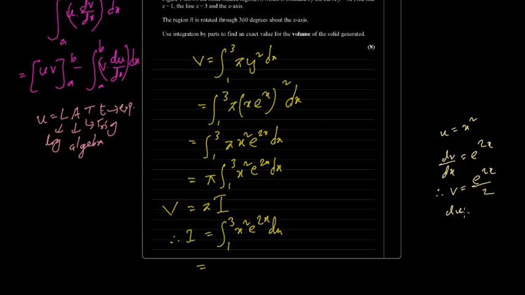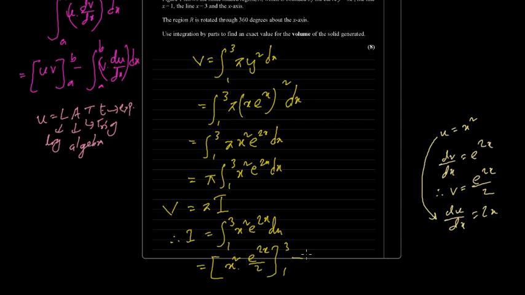The derivative of u, du by dx, is twice x. So this is the derivative and this is the integral. Let's get back. So u is going to be x squared just as it is, and v is going to be e to the power 2x by 2.